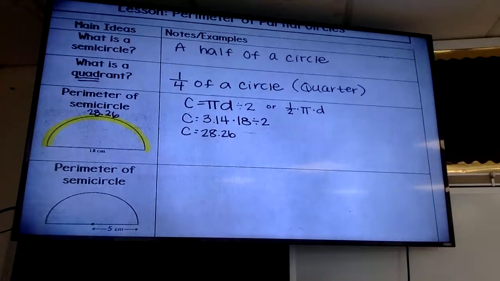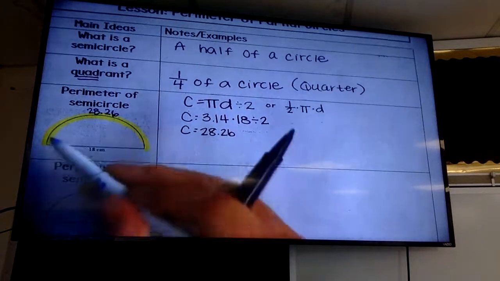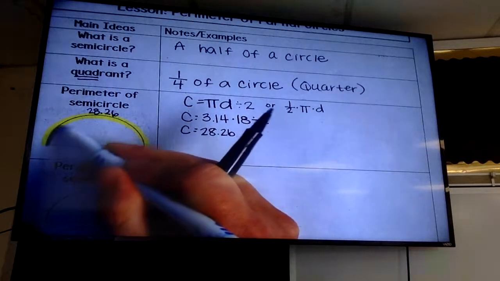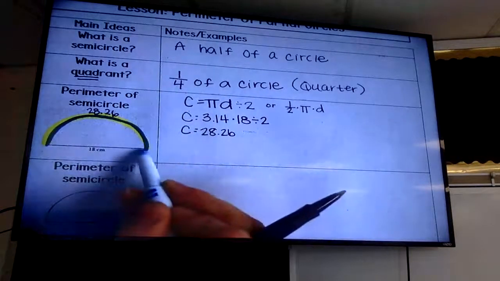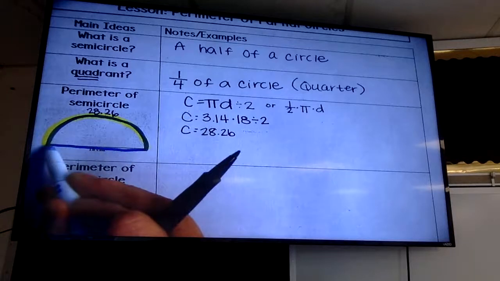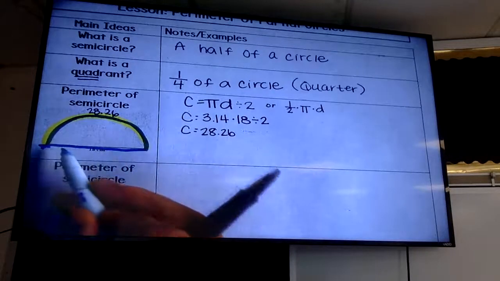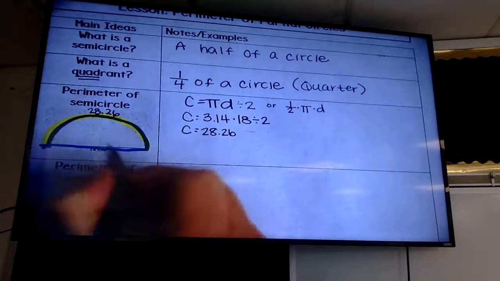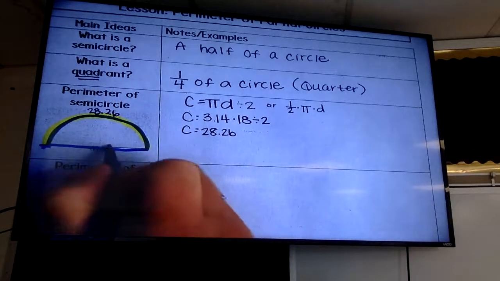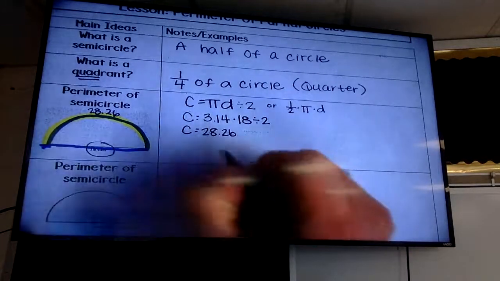But to find the perimeter or distance around a semicircle, I have to go all the way around the semicircle. Right now, I've only gone from here to here. I need to get back to where I started. So what do I pass in order to get back to what I started? I follow my diameter, that 18 centimeters.